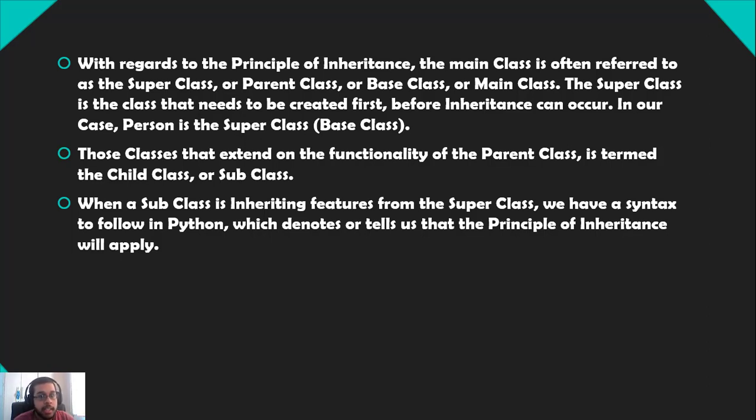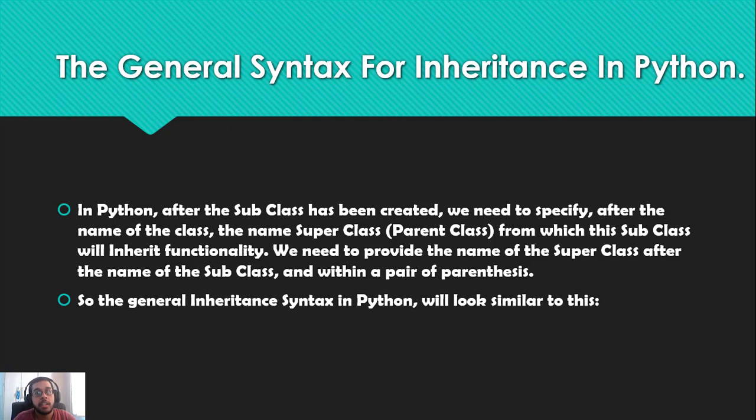When a subclass is inheriting features from the superclass, we have a syntax to follow in Python which tells us that the principle of inheritance will apply. The general syntax for inheritance in Python: after the subclass has been created, we need to specify, after the name of the class, the name of the superclass, parent class, from which this subclass will inherit functionality.